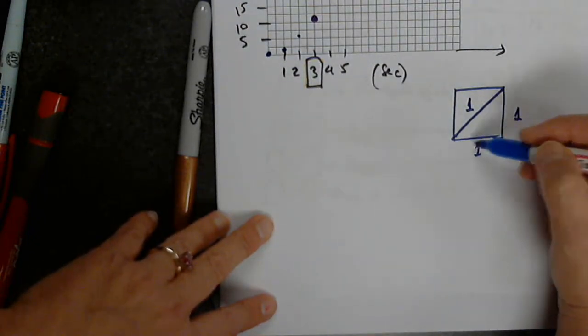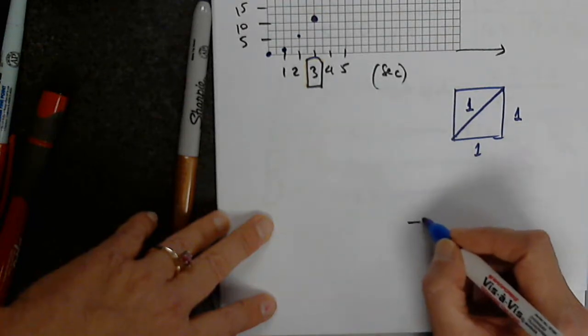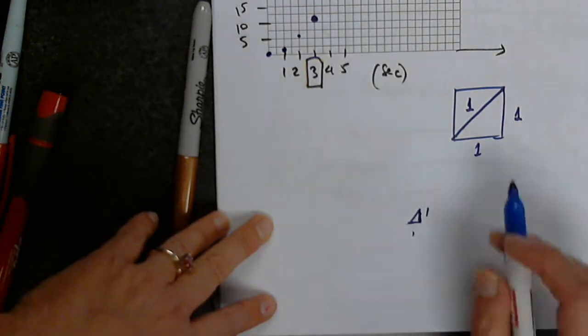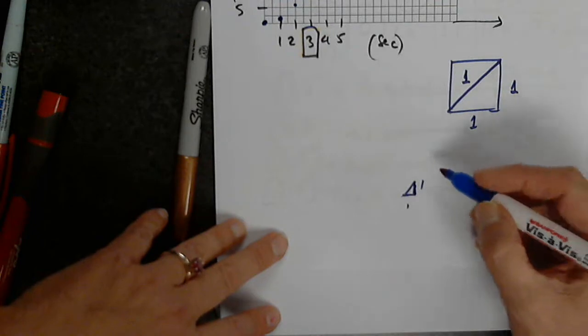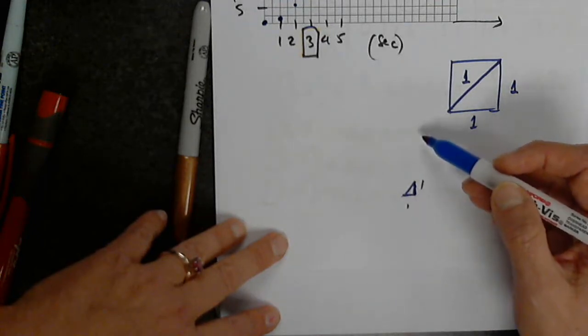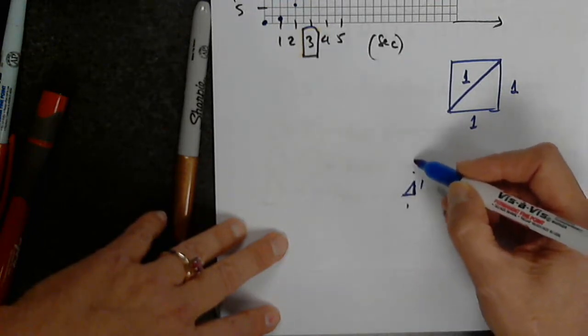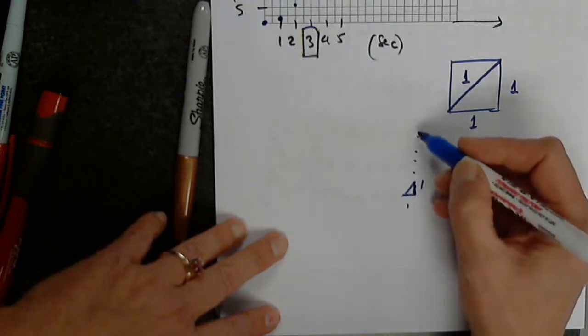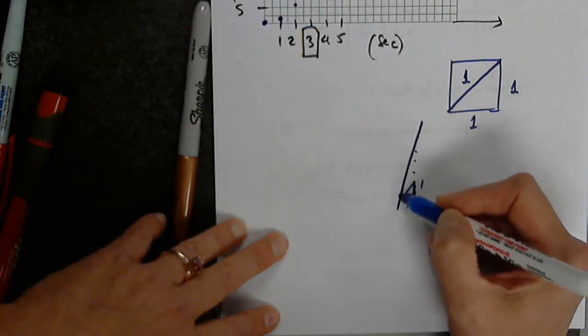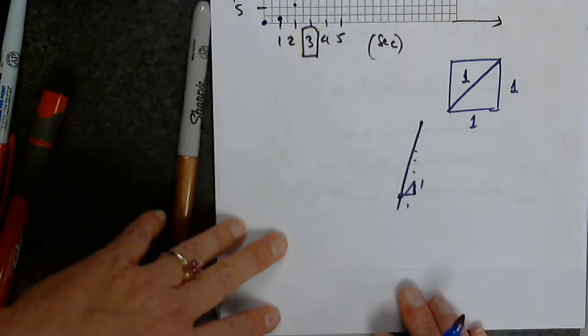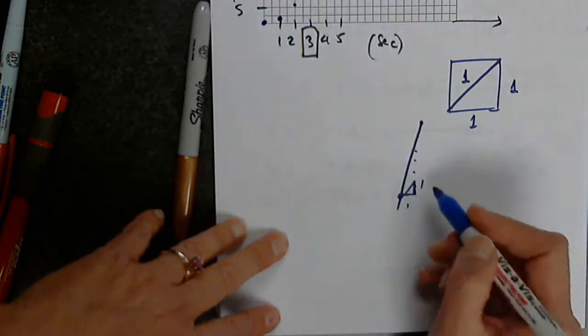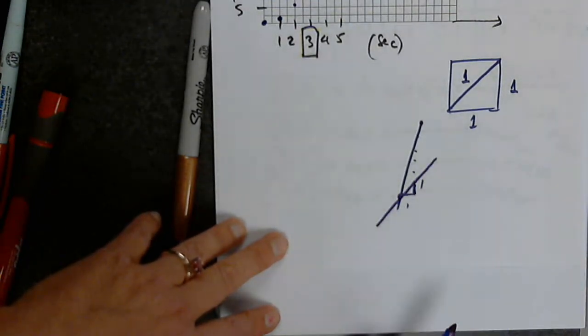So in my example, it's way too big, so let me just do this, 1 and 1, but you understand the idea. So now I need the rise to be 5. 2, 3, 4, 5. So this will be a line with a slope of 5, because this is a line with a slope of 1.